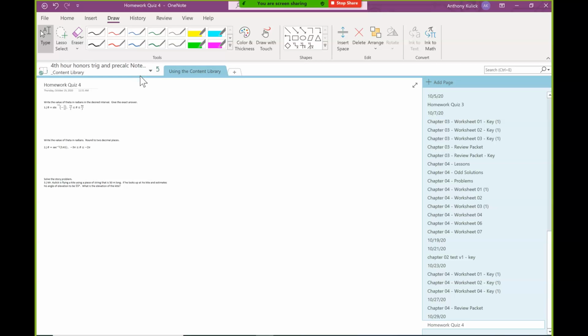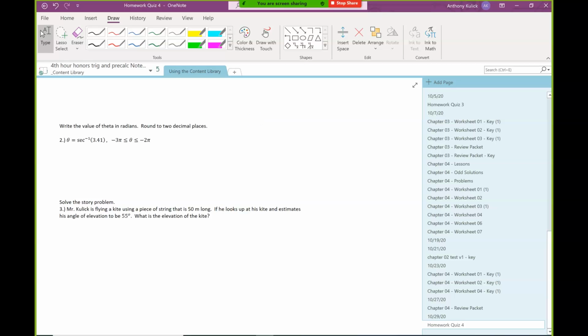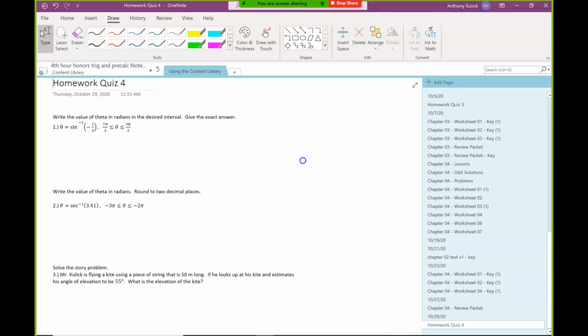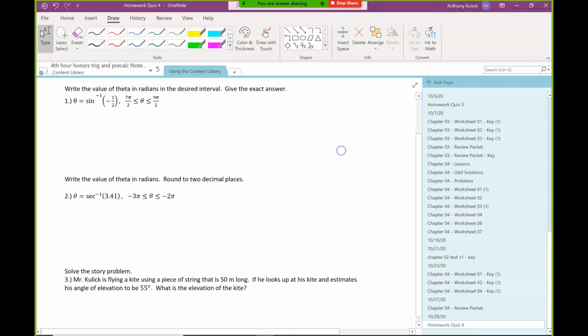I'm going to sync this notebook right now so that you should be able to find it at the bottom of the content library in just a moment. There are 3 questions on that homework quiz. When you finish those 3 questions in OneNote, you'll publish that OneNote file as a PDF and put it in the Dropbox for the homework quiz assignment that I'm making right now on PowerSchool.